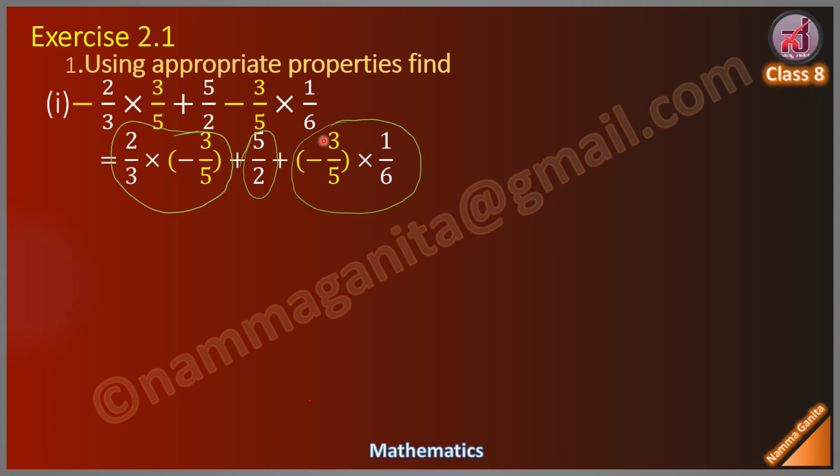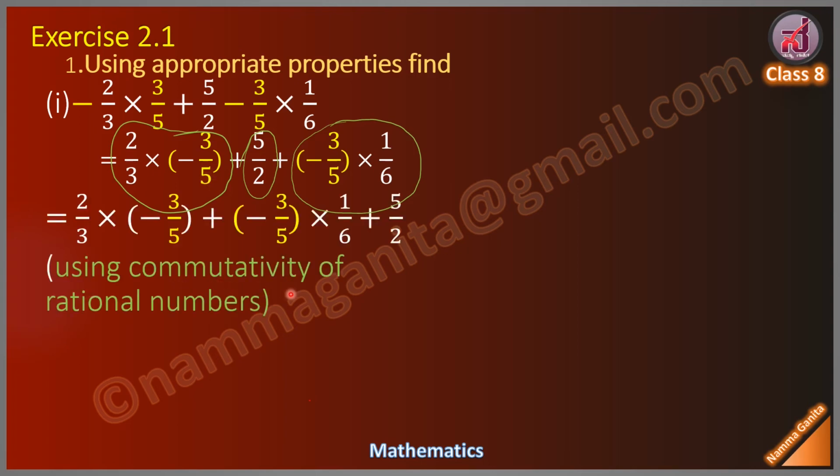So, you shift this third part near the first part by using commutativity of rational numbers, commutative property. Okay, 2 upon 3 into minus 3 upon 5 first part plus minus 3 upon 5 into 1 upon 6 third part plus 5 upon 2 second part.